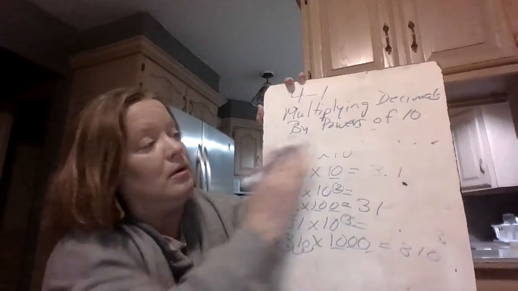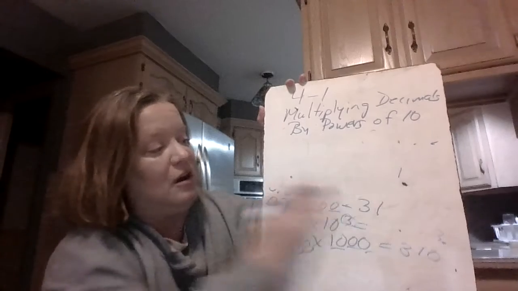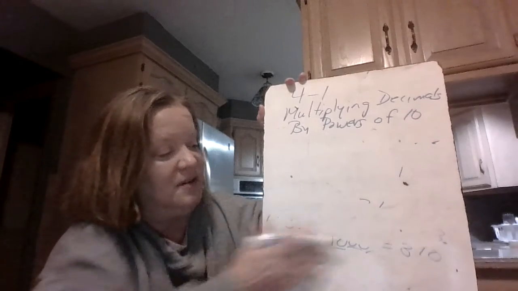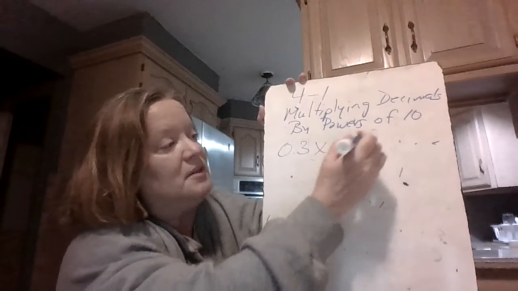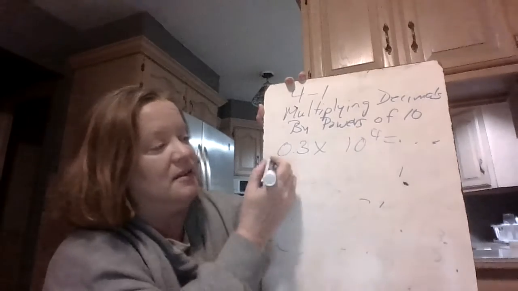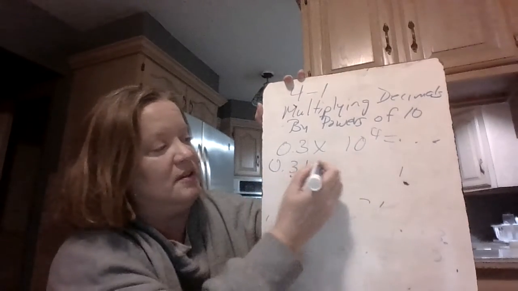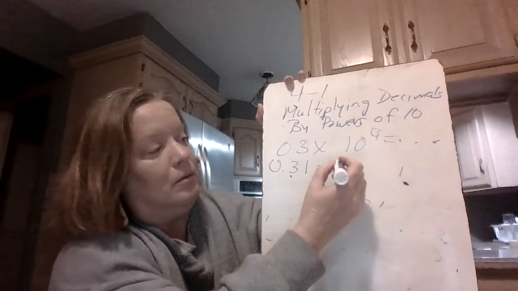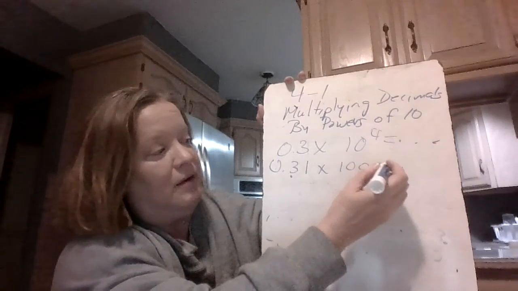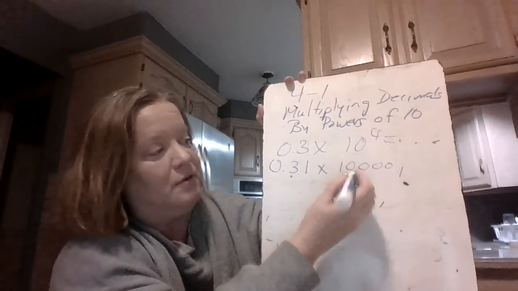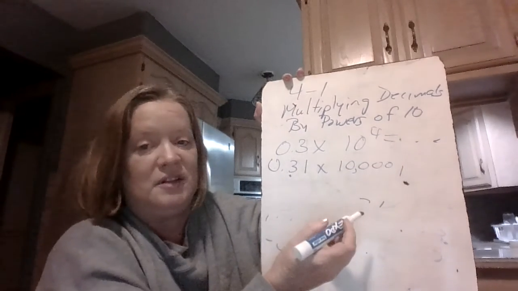We'll do one more. Let's say you had 31 hundredths times 10 to the fourth. Well, that's the same as doing 31 hundredths times 10,000, because I've got 4 zeros here. Okay, so there's 10 to the fourth.